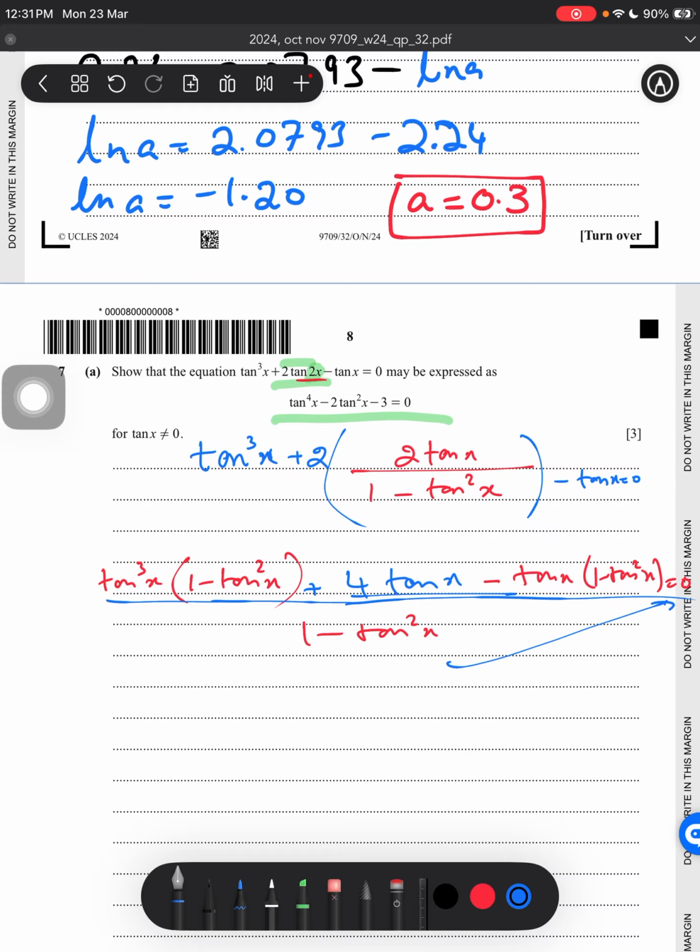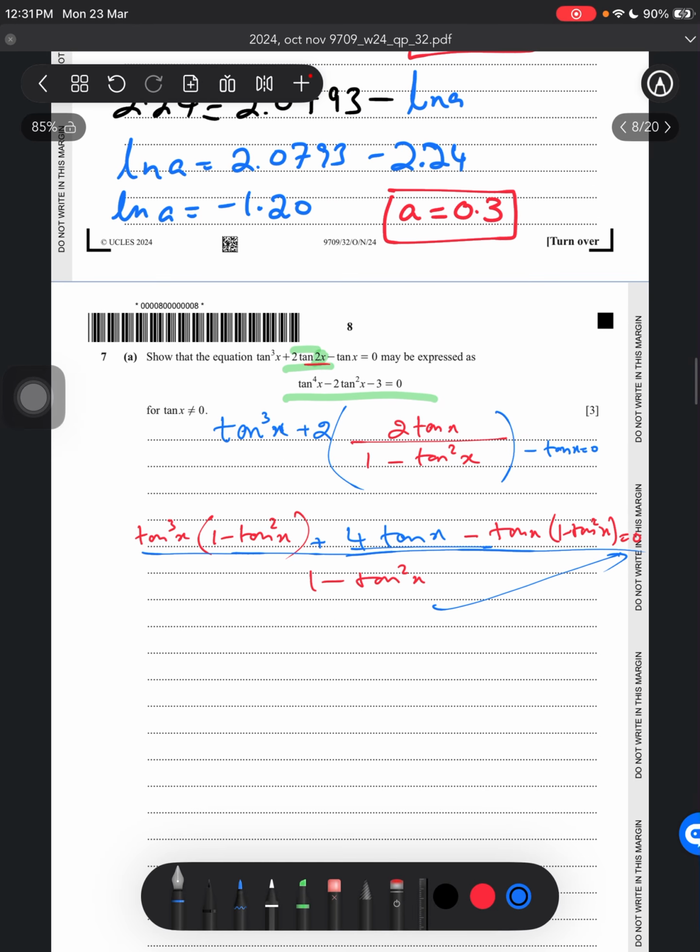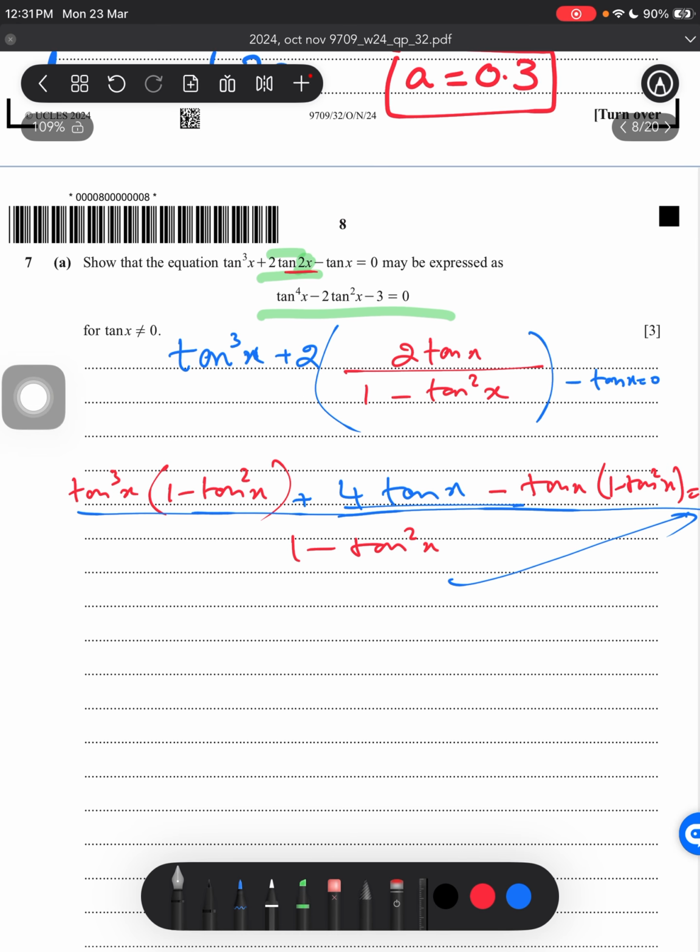This will multiply with 0, it can cancel out, and you'll be left with just the numerators.